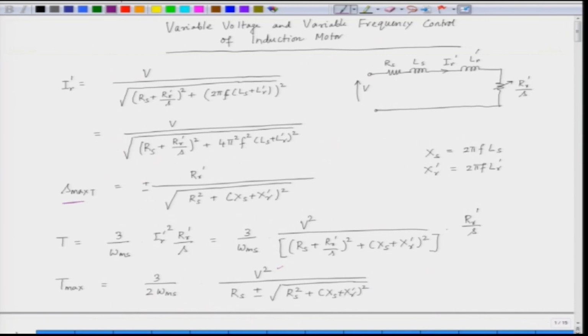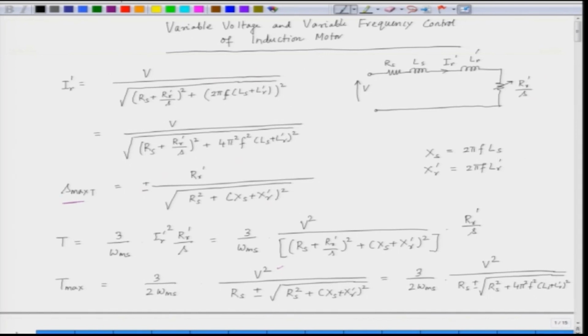Now, in this case again we replace this reactance by frequency. So, if we do that, what we get here is the following: 3 by 2 omega m s into V square divided by R s plus minus under root R s square plus 4 pi square f square into L s plus L r prime whole square.